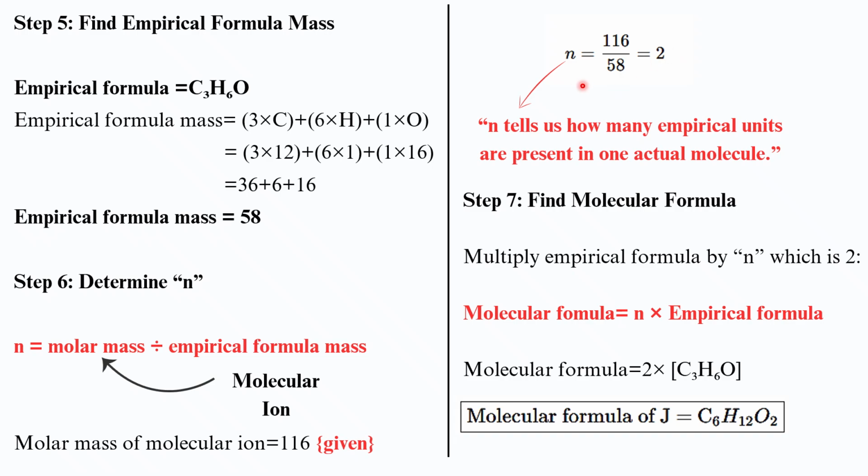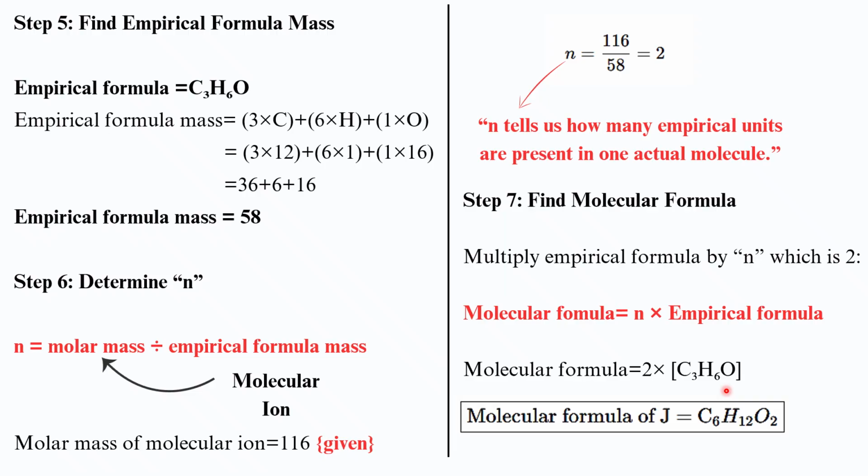What is N? N tells you how many times the empirical units are present in one actual molecule. Once we multiply N with the empirical formula, this is the formula we end up with. And this formula is called the molecular formula, which gives the exact number of atoms present in a molecule.